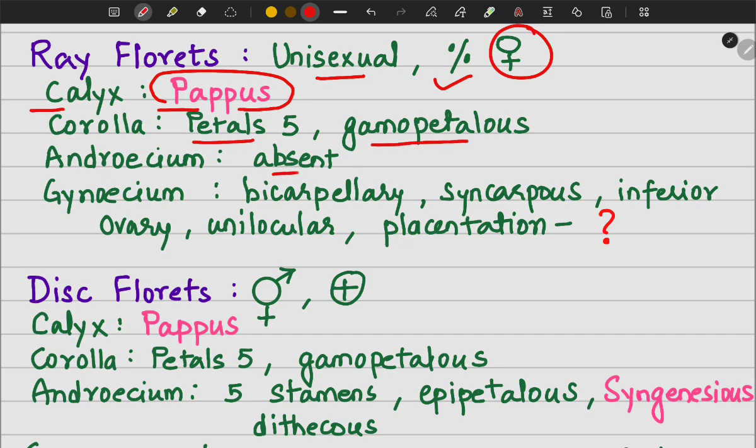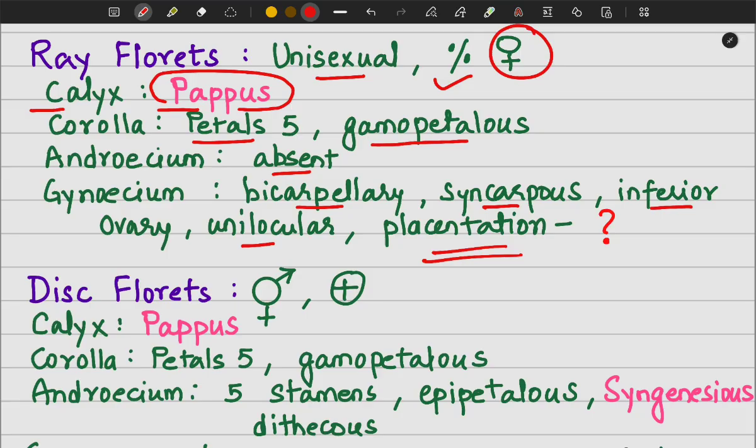And androecium is absent because the ray florets are female. There will be no stamens. Gynoecium is bicarpellary, syncarpous with inferior ovary, unilocular. And can you guess the placentation in sunflower?